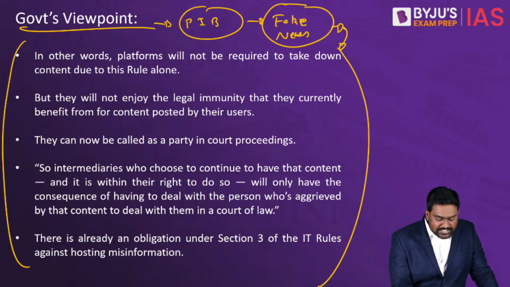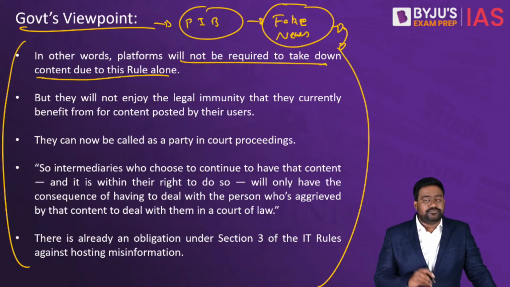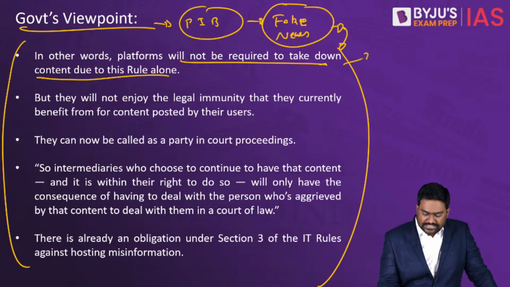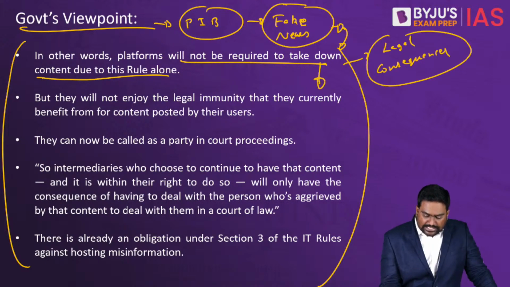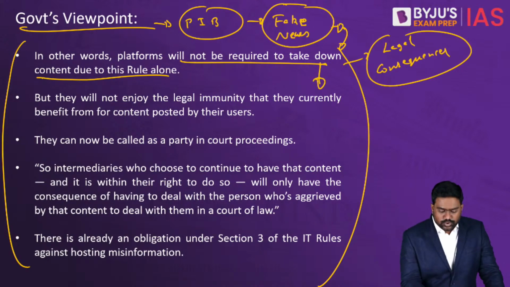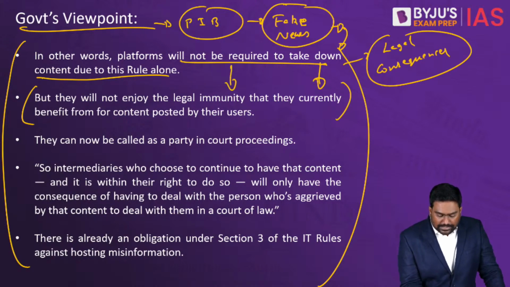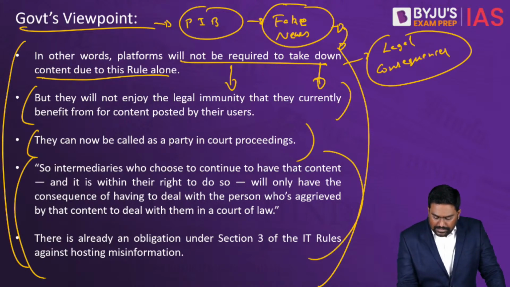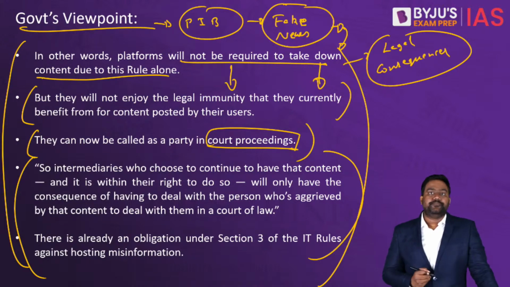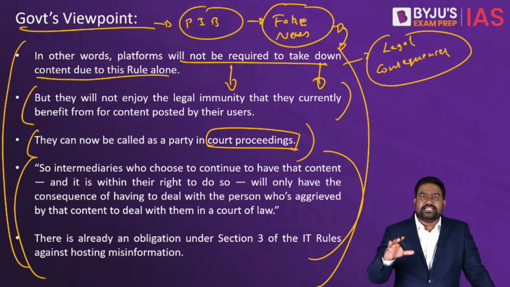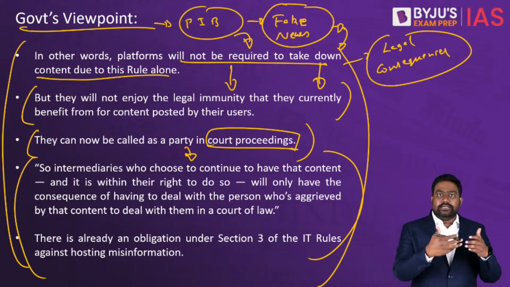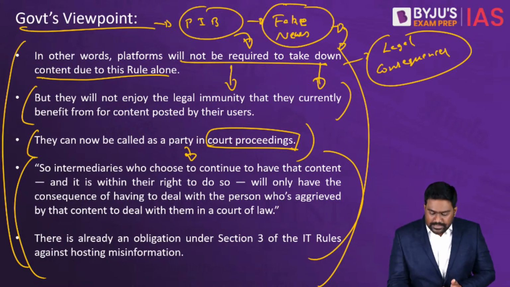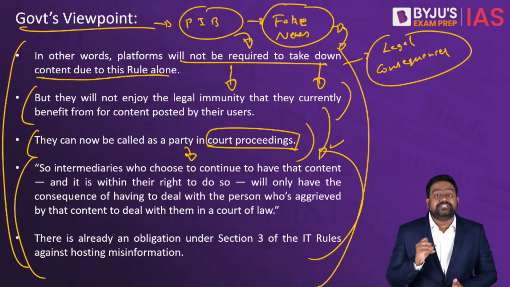It's up to the companies whether to remove the content. If they want, they can take down the content if they don't want to face any legal consequences. Or they will have the choice to retain the content. It's well within their rights to retain the content. But however, they will be liable for legal proceedings in a court. The safe harbor is removed under Section 79. So once some content or an article is flagged as fake news by PIB, they will be liable for court proceedings.